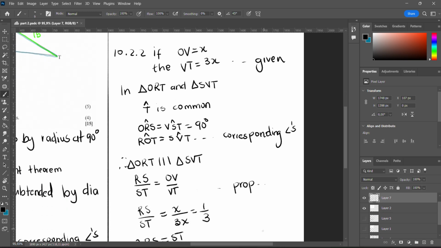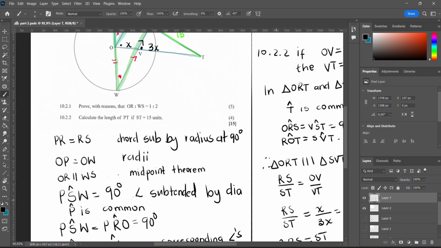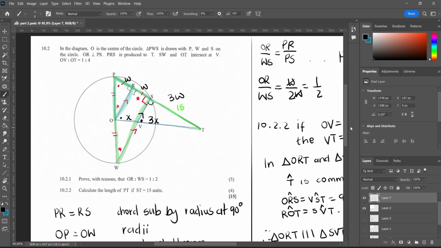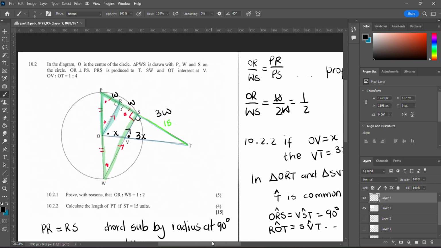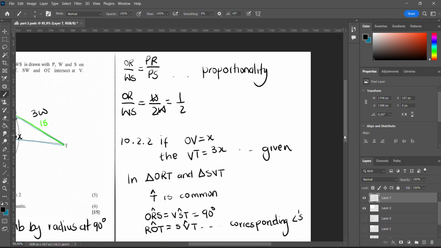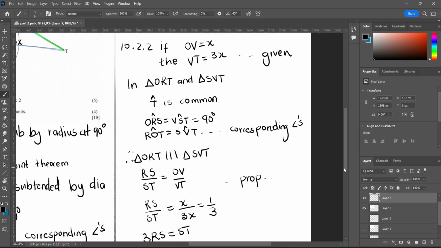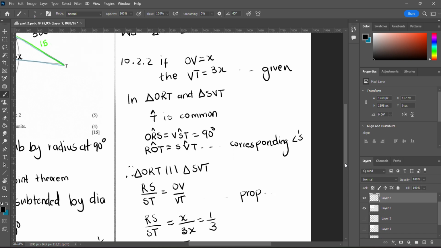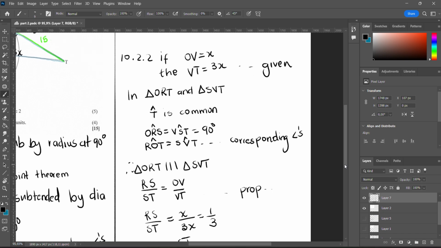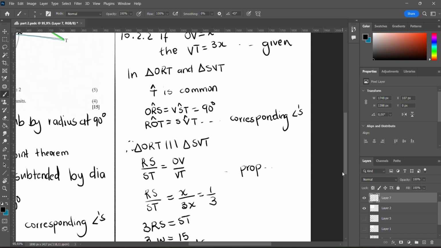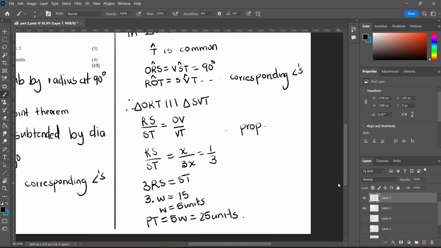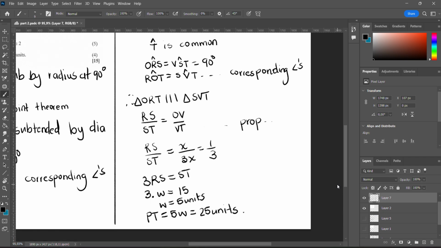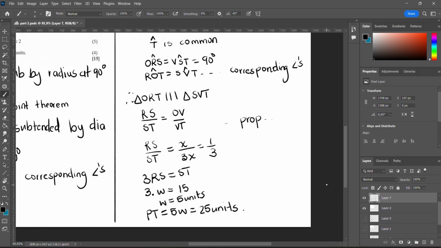There are other ways to solve it, but the reason I get so into detail, and I encourage you to get into detail, is so that you don't lose marks from not writing things that are important because you chose to write selective things.